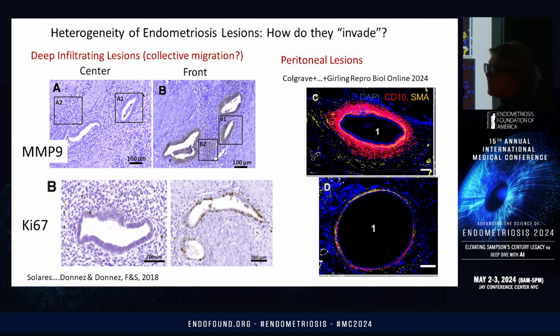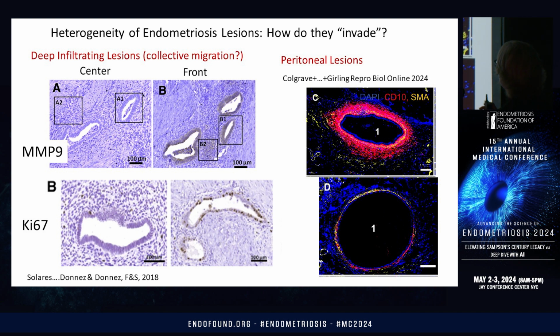In the center region of a deep infiltrating lesion where the cells are still highly columnar, and at the front where there's more what they call the invasive front in this paper, and then proliferation as assessed by Ki67, a marker of the cell cycle. Again, where you see the MMP, you also see a lot of proliferation. And here, peritoneal lesions, this paper focused on that, recently came out.